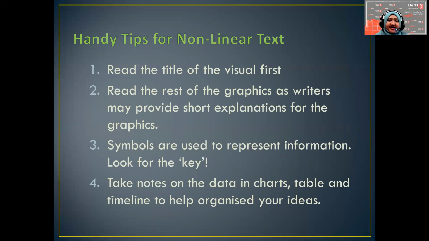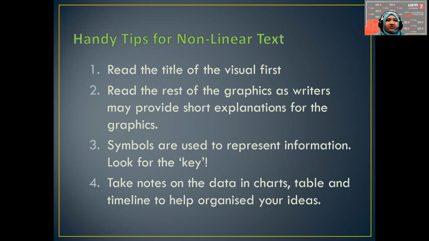So we make sense of the information that we see from the graphic explanation that is given. We always have to look for the keywords, and we need to take note of the data in charts, tables, and timelines to help organize our ideas.